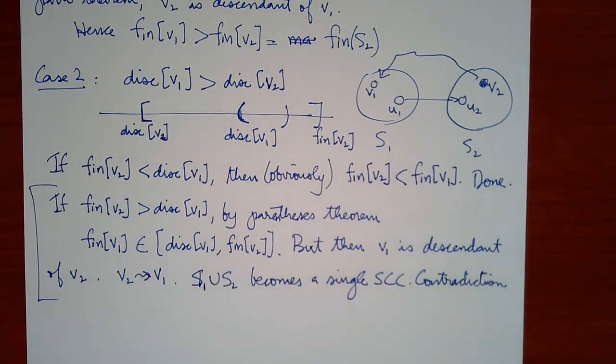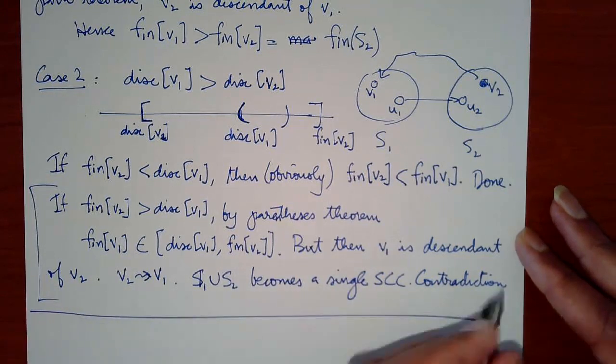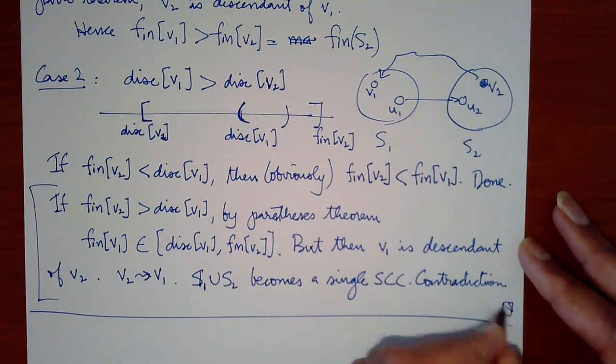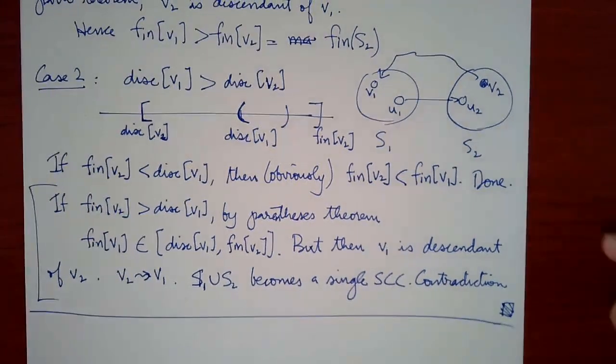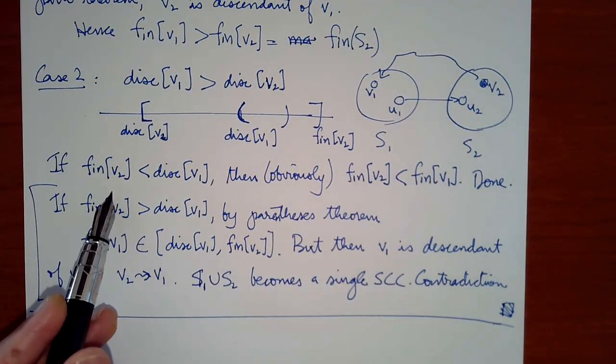Sorry, I'm writing it out a little short because I want to proceed with the lectures. So for the first one, where we assume that finish of V2 is before discovery of V1, in a formal proof we would need to write some more stuff, right?